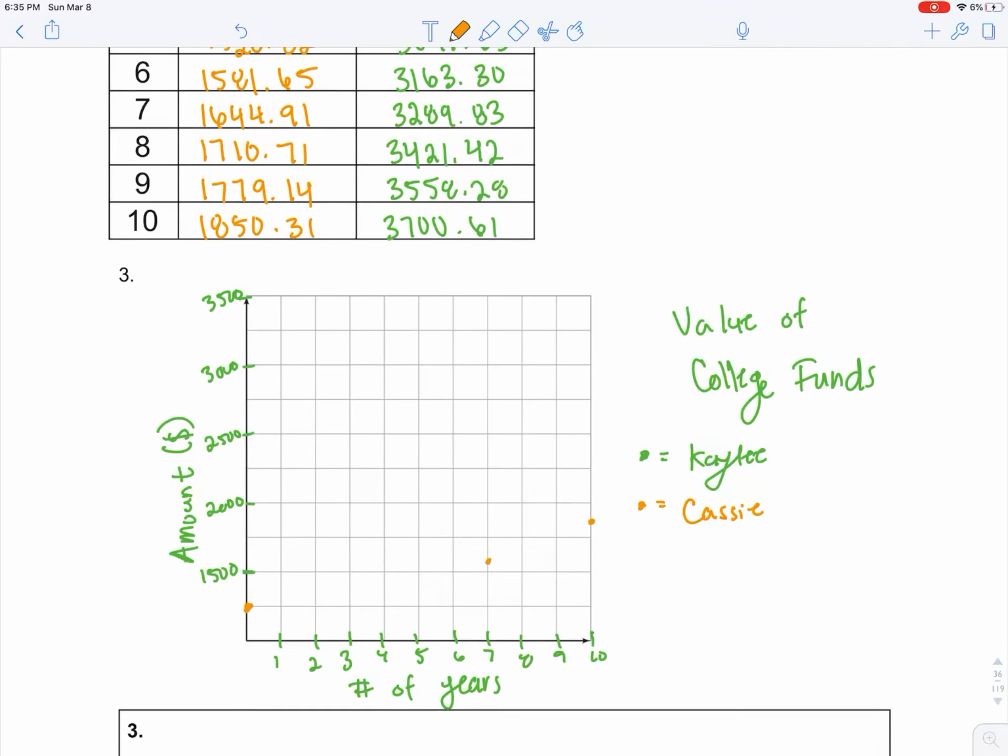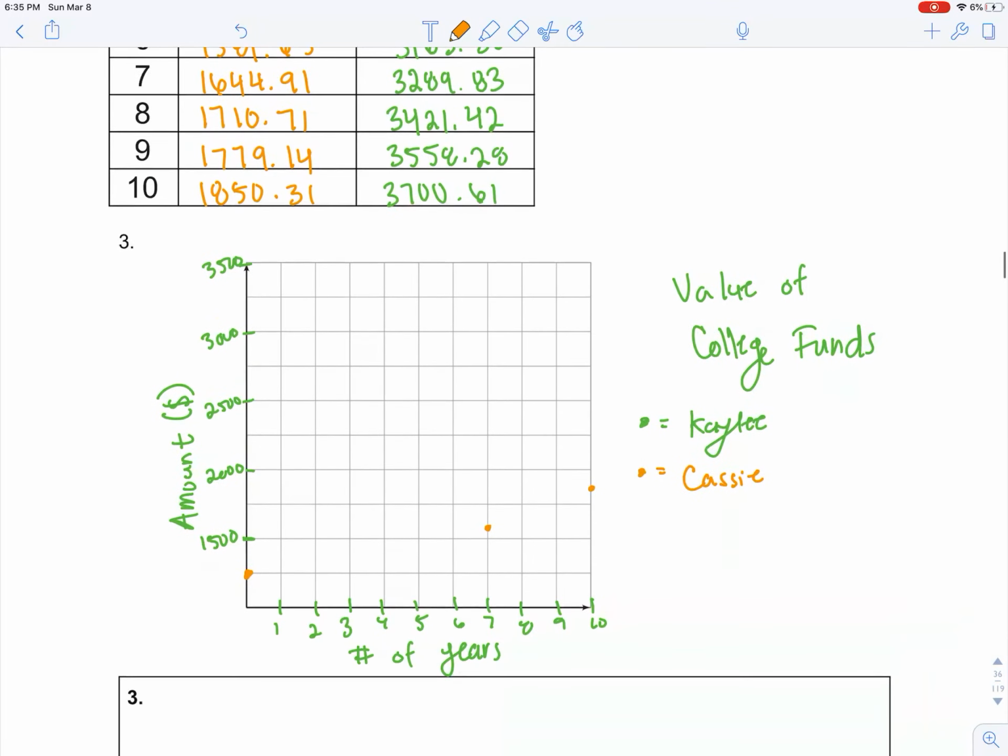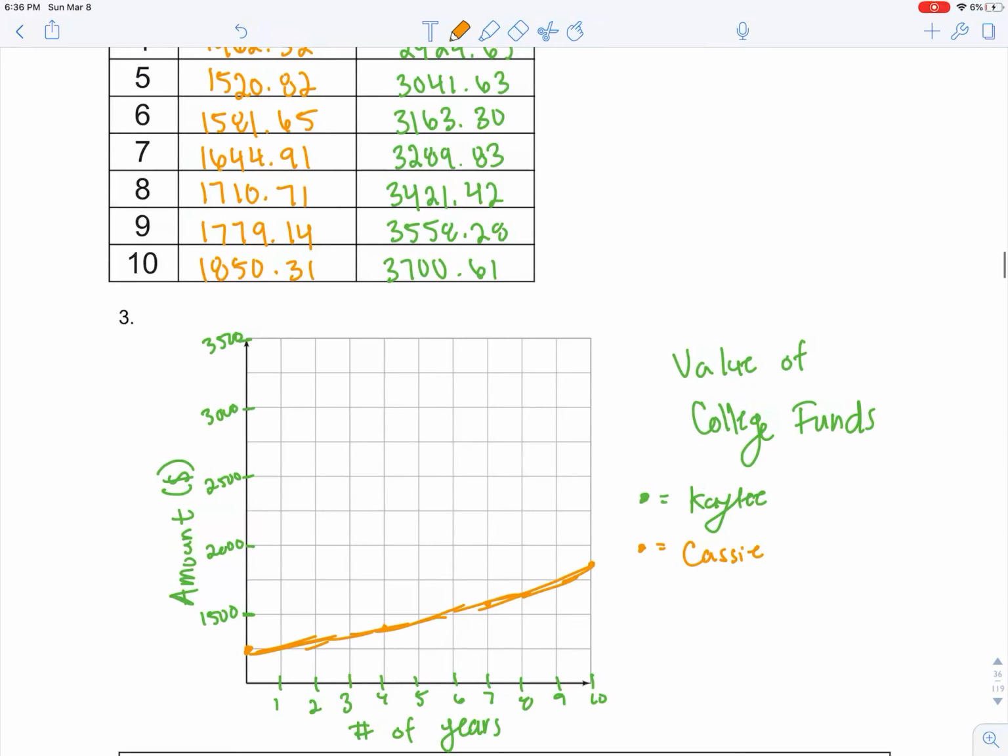So that's probably somewhere there. And then at year 4, let's say 1,462. So here's 1,250. So it's going to be slightly closer there. There we go. I think that's a nice picture of the curve. Okay, so try your best drawing these curves, you guys. All right, there we go.